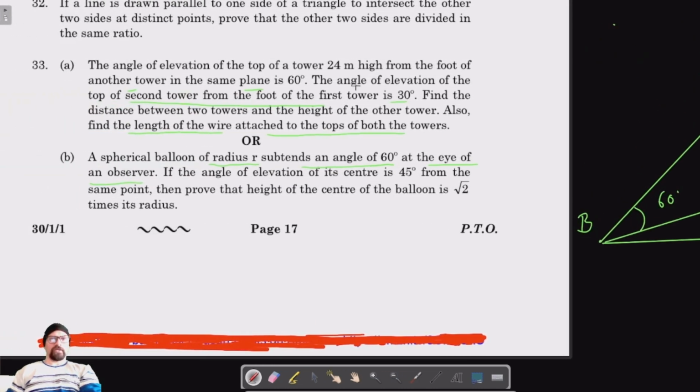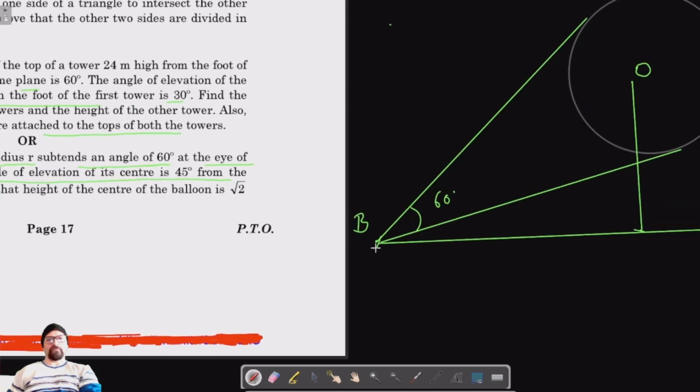Now, it's also given that the angle of elevation at its center is 45 degree from the same point. From the same point means from the observer's eye, the angle of elevation is 45 degree. And now this angle of elevation is 45 degree from the center. And this is our figure.